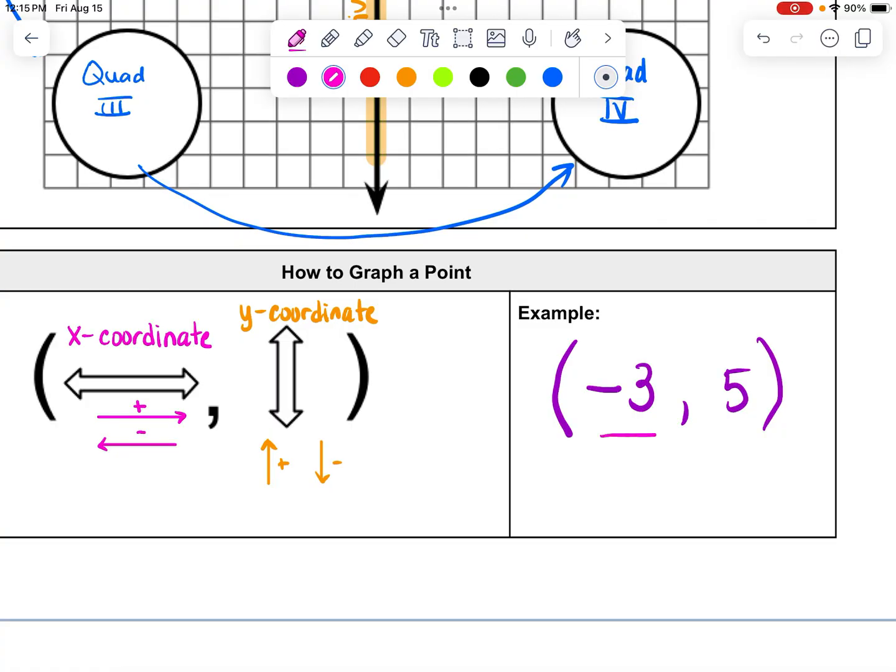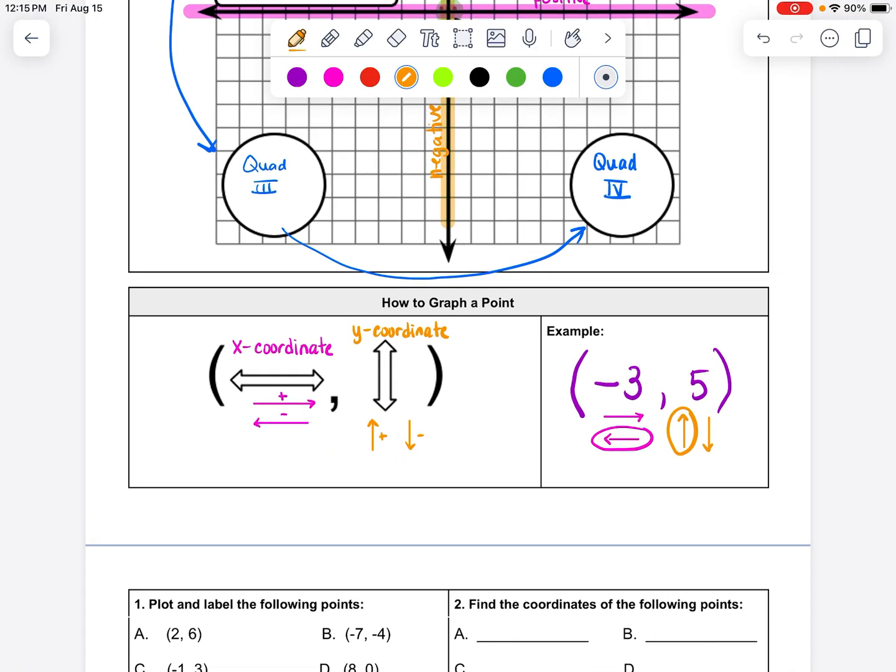Now, it's either going to go right or left. And since it's a negative number, we're going to go left that many spaces. My second number is going to be either up or down. Since it's a positive number, I'm going to go up that many spaces.